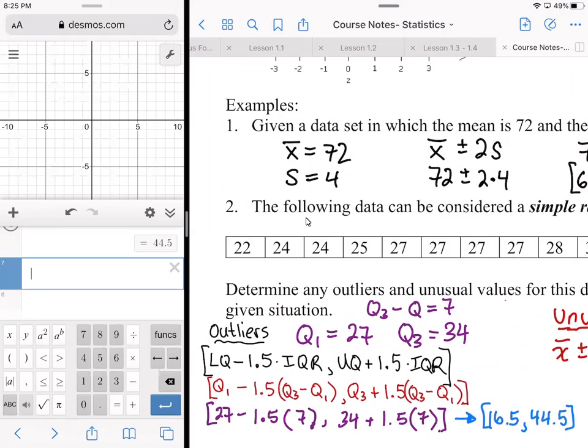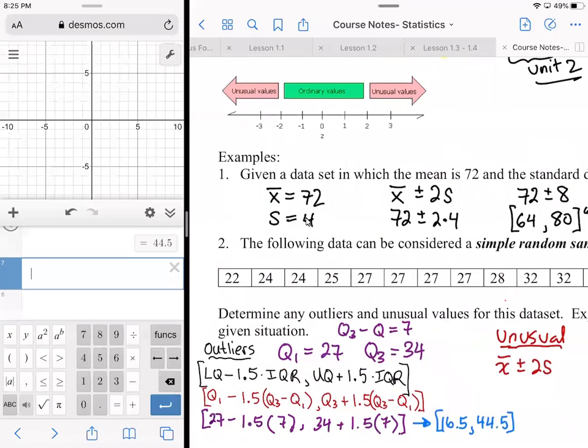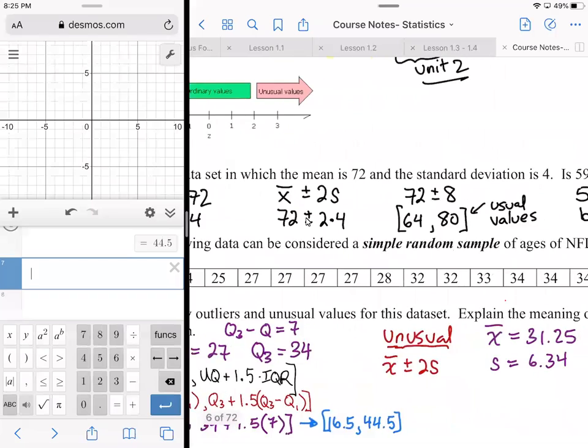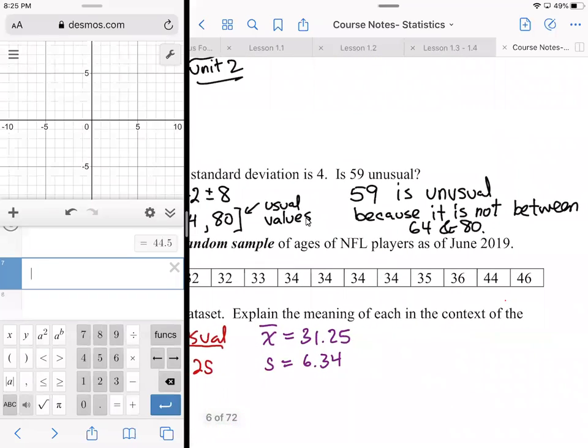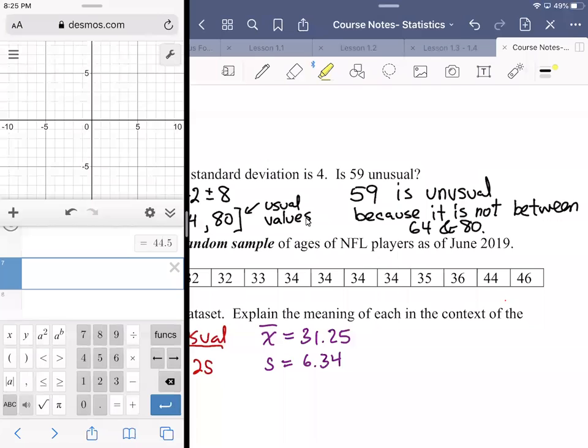This is the part where maybe knowing a little bit about the NFL could be helpful, because I don't think anybody familiar with the NFL would expect there to be a 16-year-old or younger player. If I told you a player is 15 years old, you'd be like, no, that's not happening. They'd get killed on their first day. So we don't have any outliers on the low end, but on the high side, 44 actually makes the cut. So that's not an outlier, but 46 is an outlier.